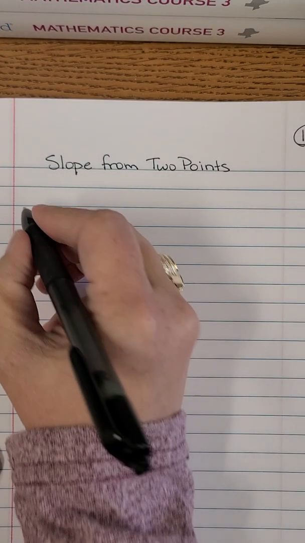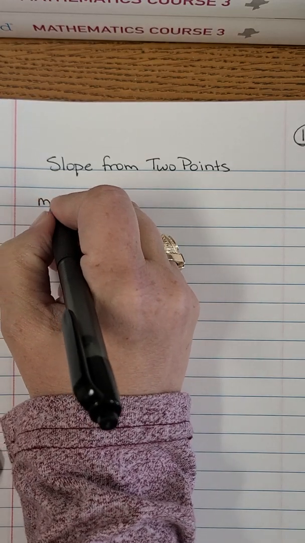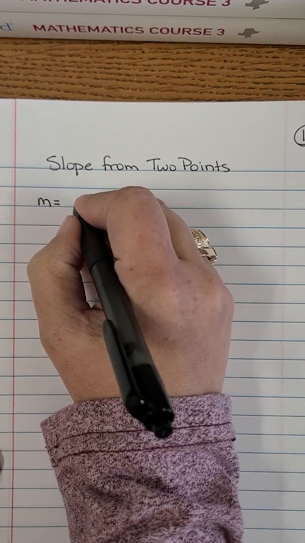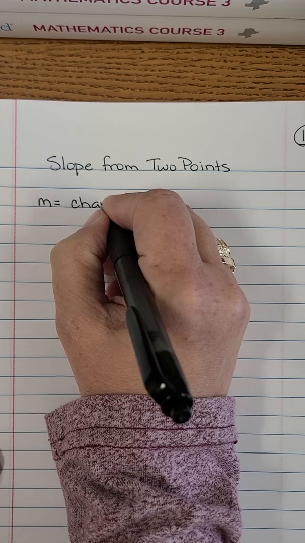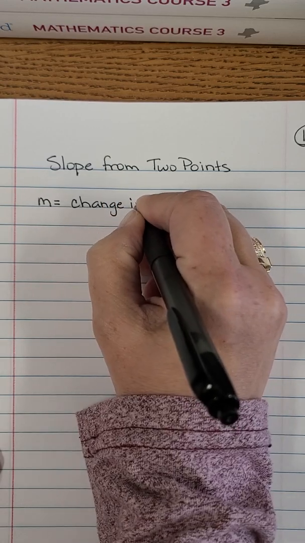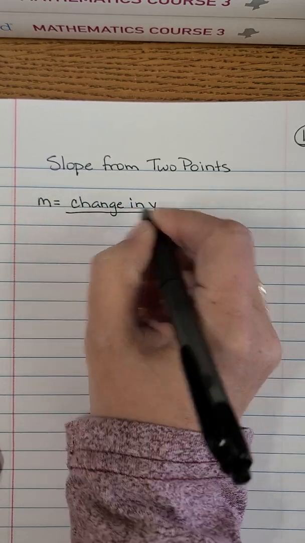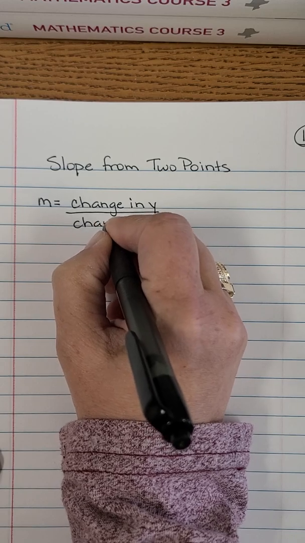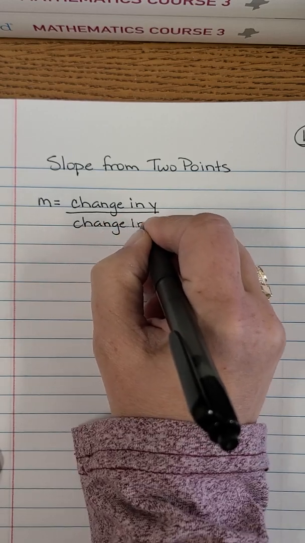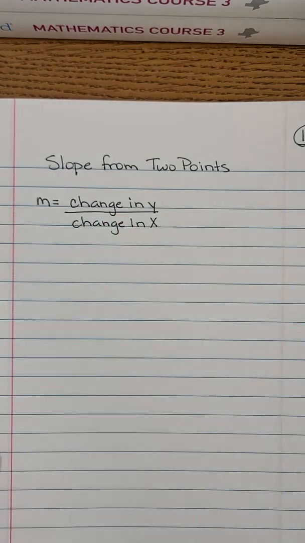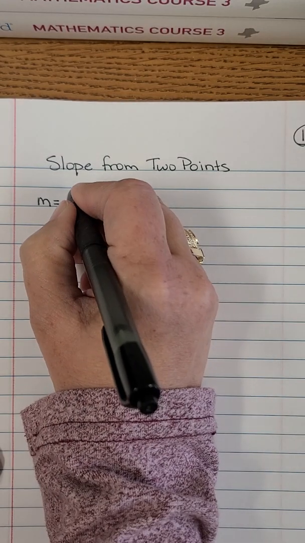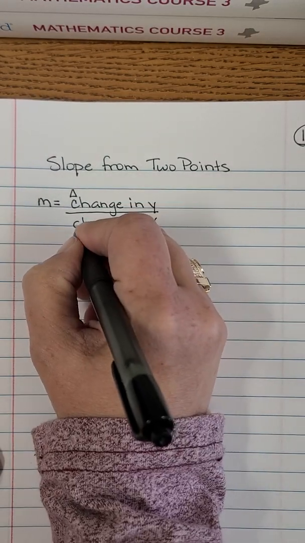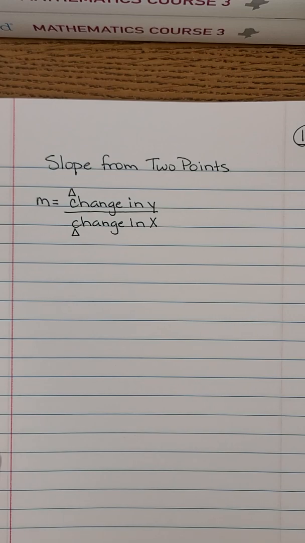initial intro to slope, we talked about that our formula for slope was our change in y over our change in x. And remember, we used the little symbol, the triangle, for delta. So remember, change can be described as the triangle or the delta.